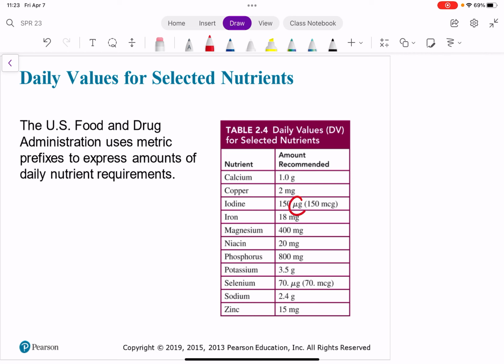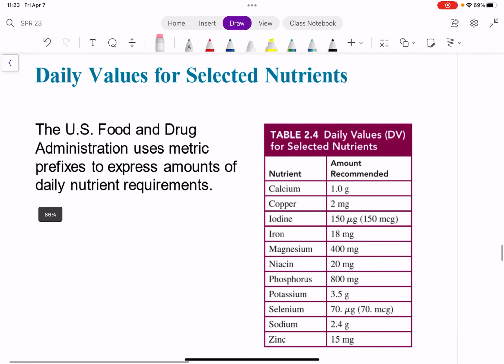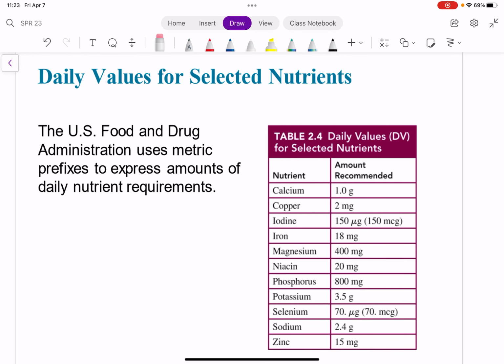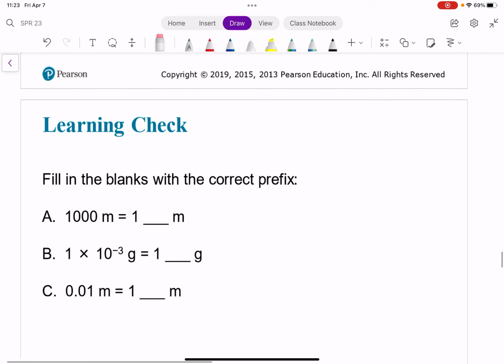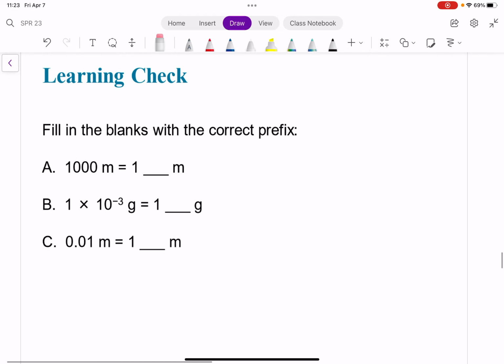So we only need a little bit of iodine, right? But we need more calcium. So just thinking about how we're representing numbers and how we can use units to represent numbers more efficiently, I should say. Okay, so try this learning check on your own, and then we'll check back in.